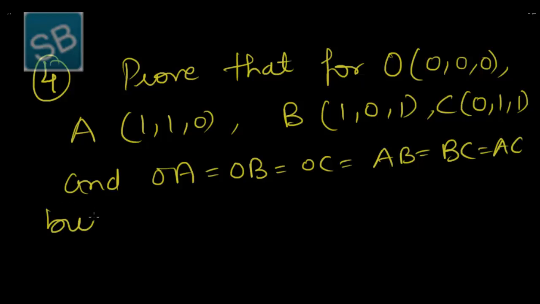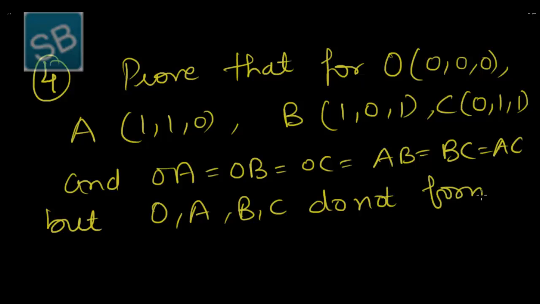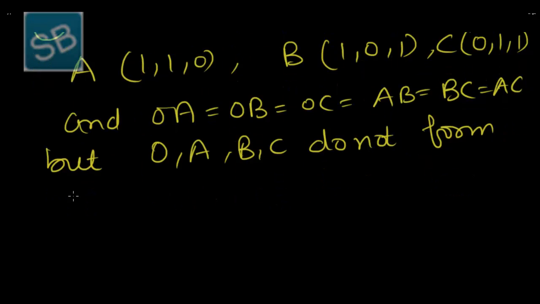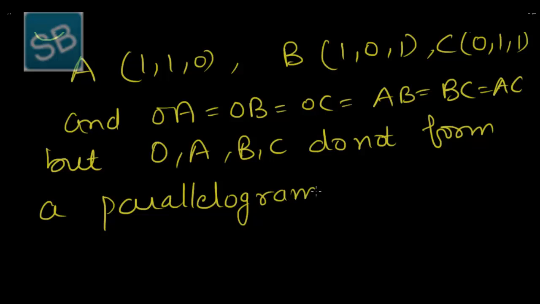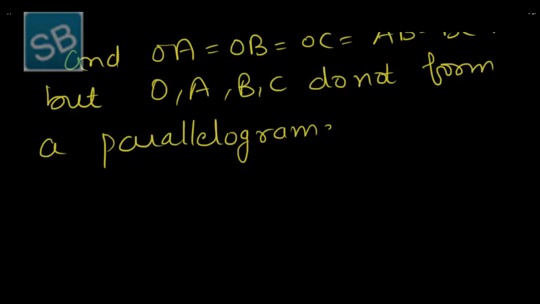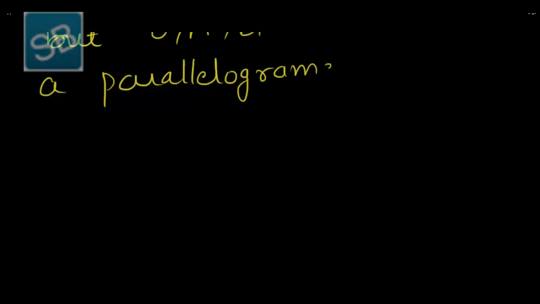But OABC does not form a parallelogram. That is, we have to prove no pair of two sides are parallel and equal. If this is proved, then the above points do not form a parallelogram.